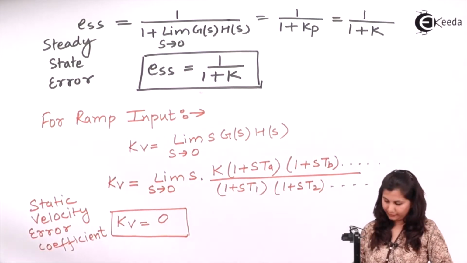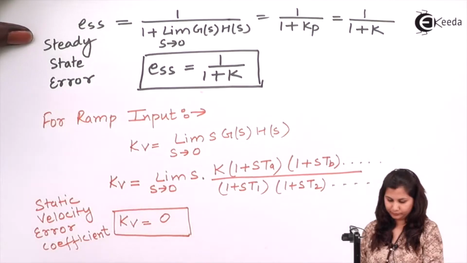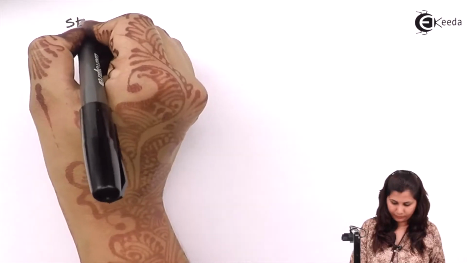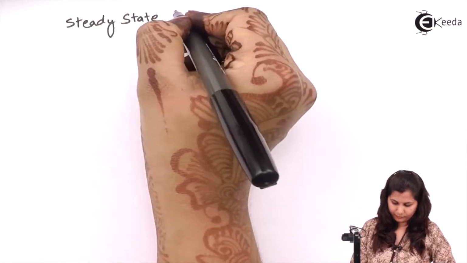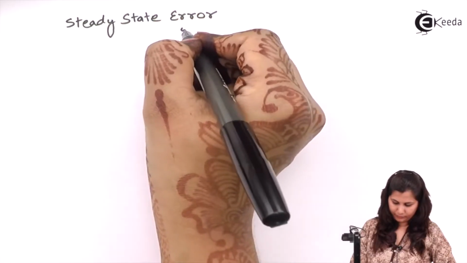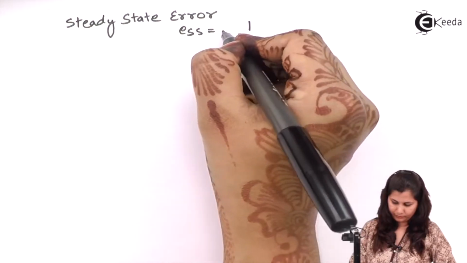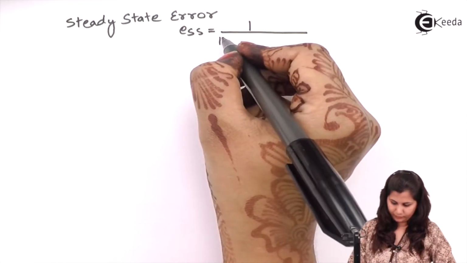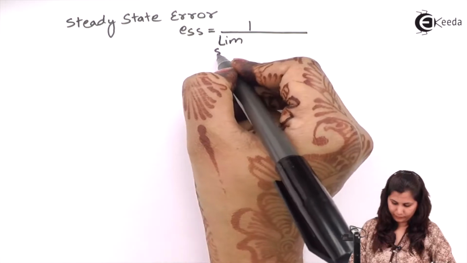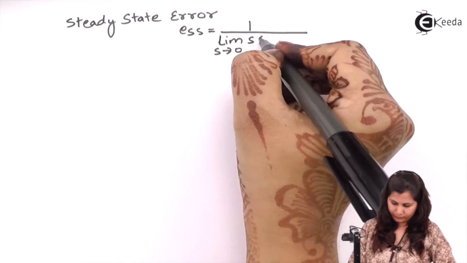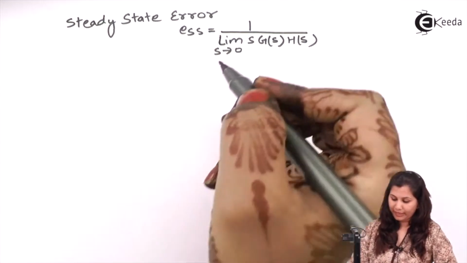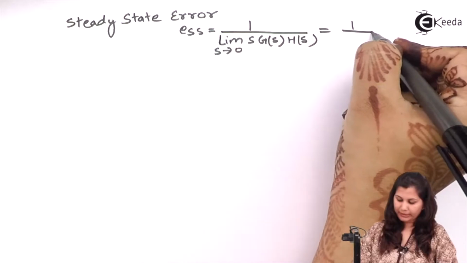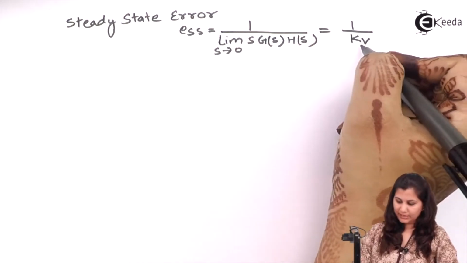For this, putting the values, ess was equal to 1 upon Kv, and Kv is equal to 0.